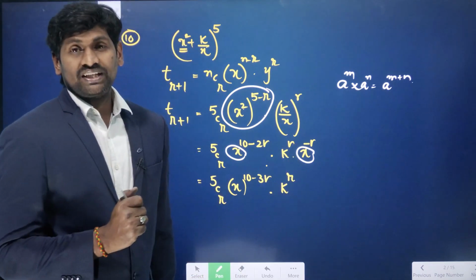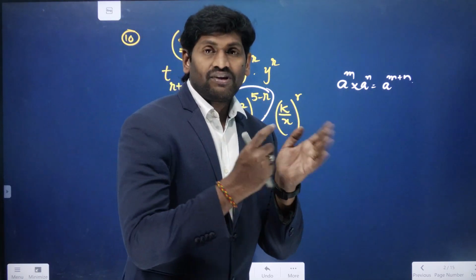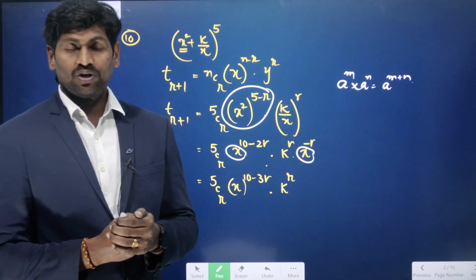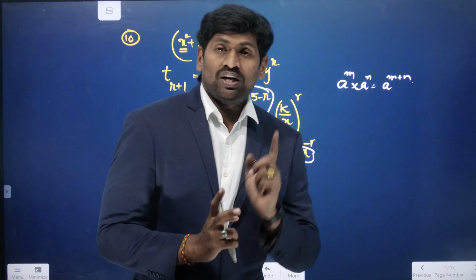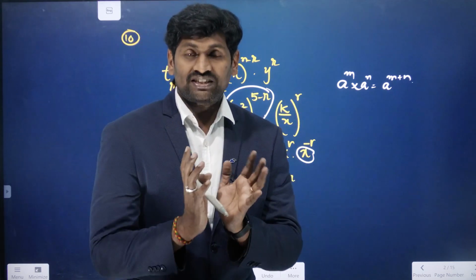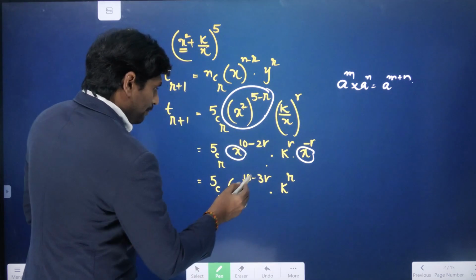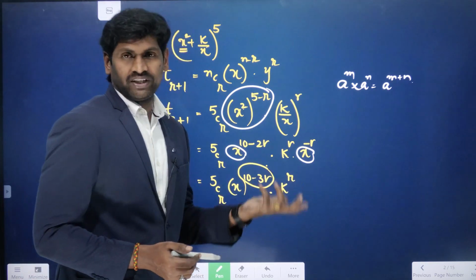And from the question it is given that the coefficient of x is 270. Coefficient of x. Only x is given, not x square, x cube, or x power 5, no powers are mentioned, only x. x means the power should be 1. Am I right? Then x power 1 is nothing but x.